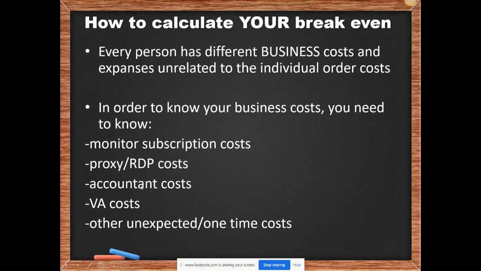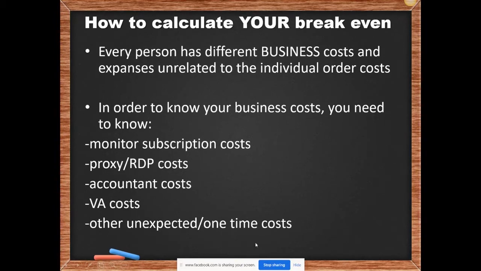I don't know about you guys in other countries, but in Israel, you have to pay every month. It's not taxes, it's just for the accountant services. You pay him on a monthly basis, so this is also a constant cost that I have every month. You have to pay for VAs, and any other unexpected or one-time costs.